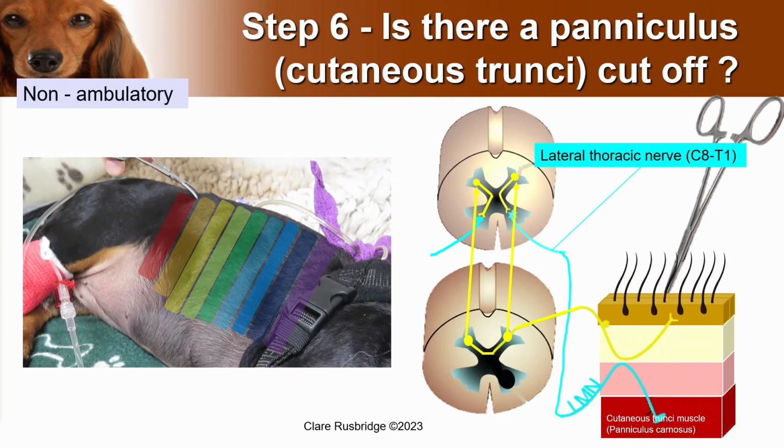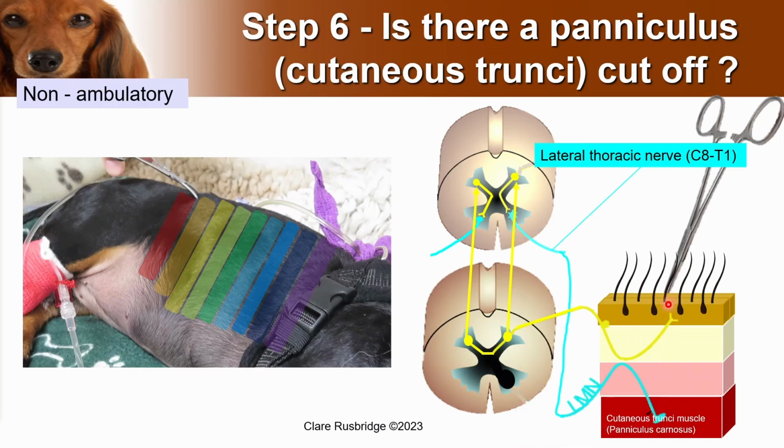Now, when a fly bites you, if you shake, then it's not going to necessarily come off. Whereas if the skin twitches, as we can see so dramatically when you have flies biting horses or other quadrupeds, then that fly will be more likely to fly off. And so a panniculus or a cutaneous trunci reflex is where you pinch the skin and you get a twitch. It is a reflex, but it's not a simple sensory arm going to motor arm. There is a bit of a relay.